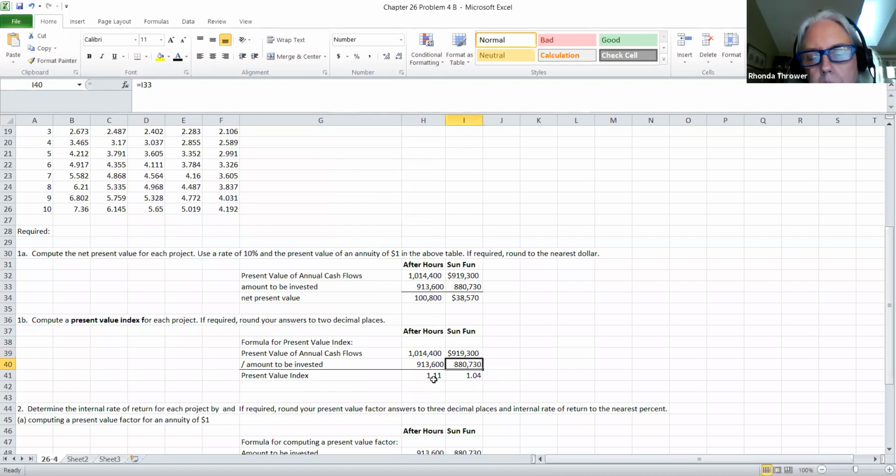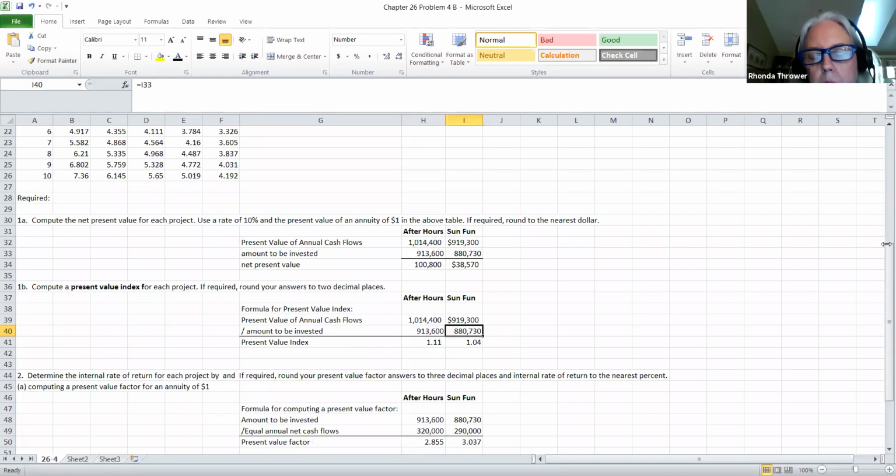Notice in both of these, it's above 100%, and that's because the present value was more than the amount to be invested. The present value was more than the amount of the investment, and so this would have to be above 100 here.